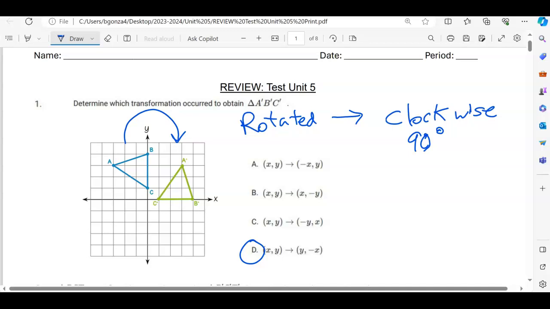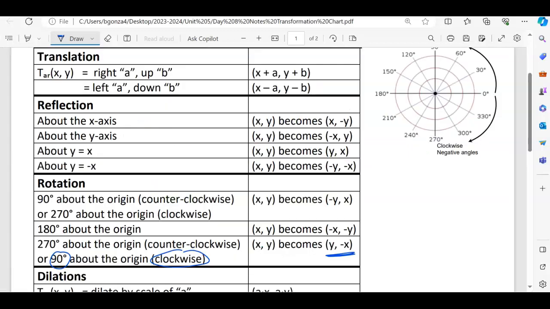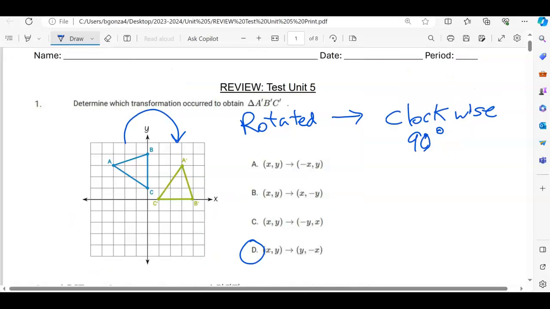Please don't get this confused with 90 degrees counterclockwise, negative y, x. That is not it, okay? Because that's counter. And then these are both reflections. All right, so make sure you have checked what it is on the graph against the notes rules.